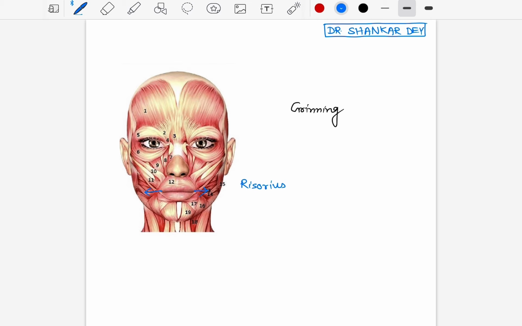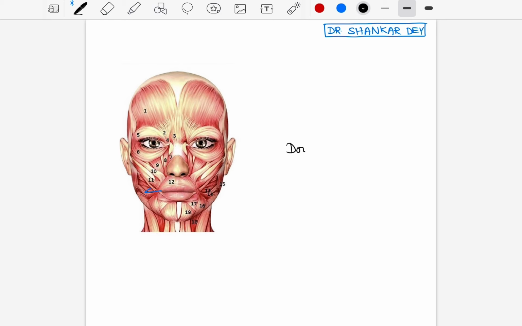Next is irony. For the expression of irony, the responsible muscle is depressor labii inferioris. The angle of the mouth is drawn downwards and laterally in case of an ironical expression. Next expression is doubt.